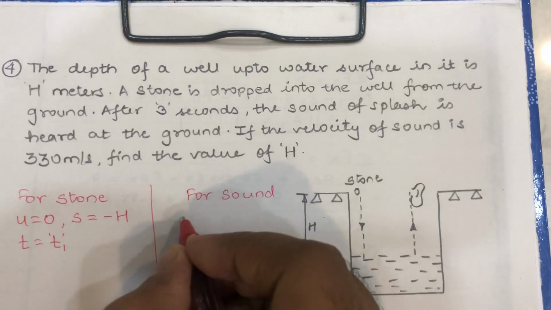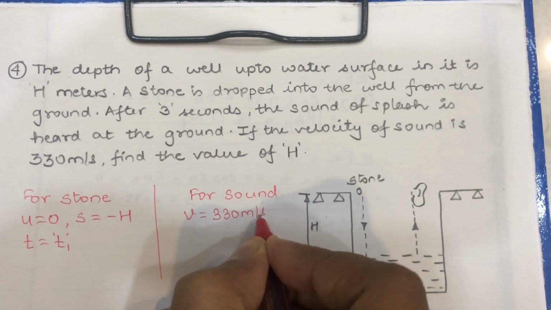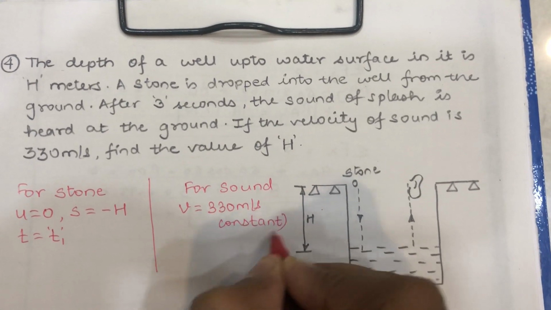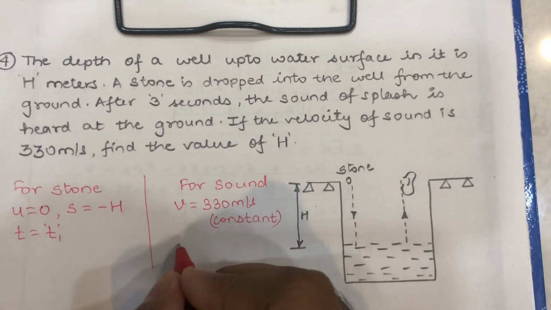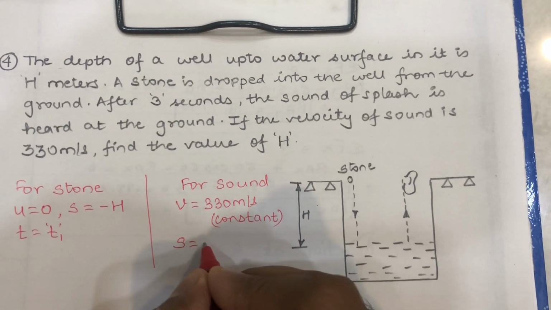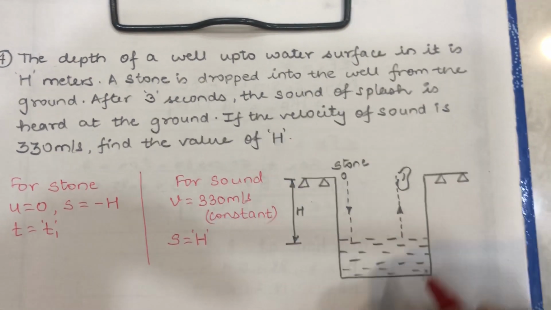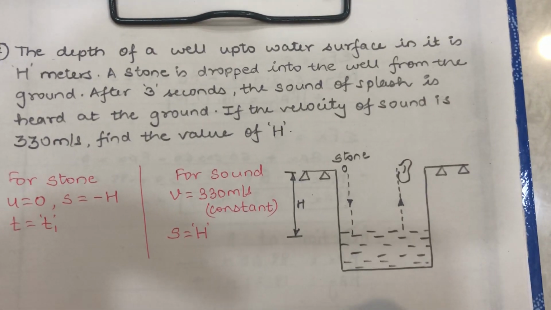So here the velocity of sound will be 330 meter per second, which is actually a constant term. Here the distance covered will be h. As it is covering the distance in the upward direction, it will be positive h.